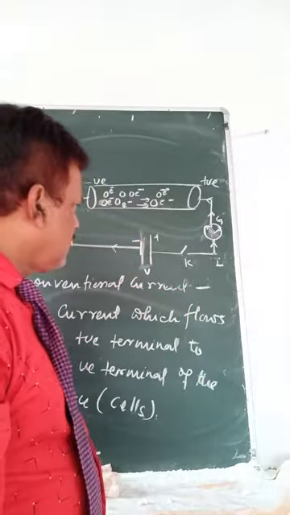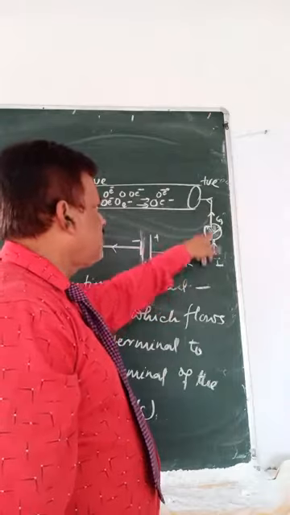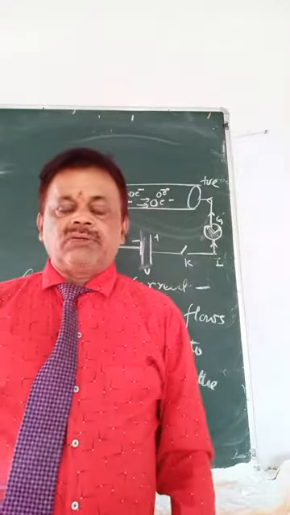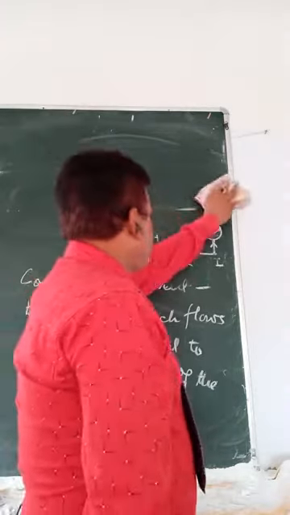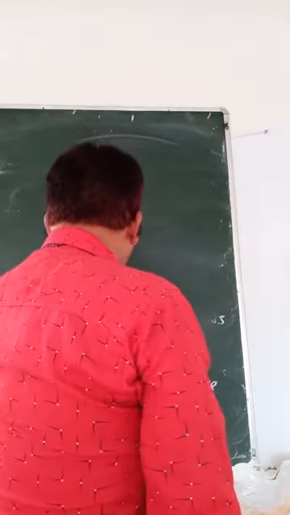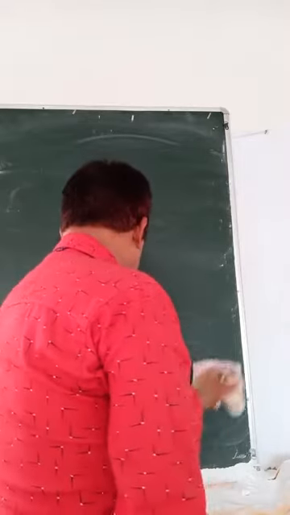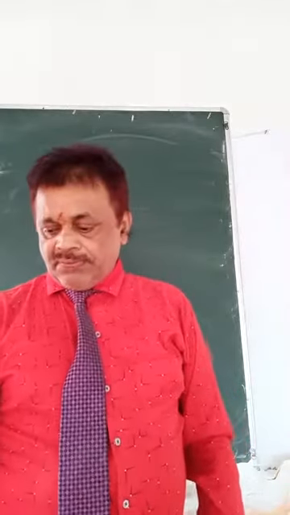Now the question is, why does the current flow from the positive terminal to the negative terminal? That could be a big question on this. So you can write why the current flows from. Before that, let's write down: the flow of current is possible due to the flow of electrons.